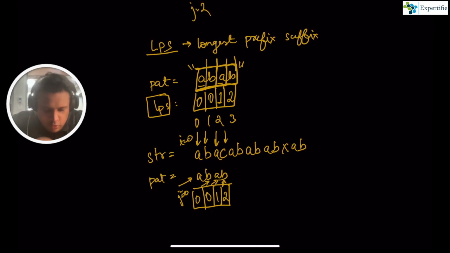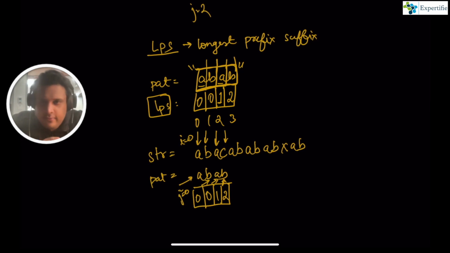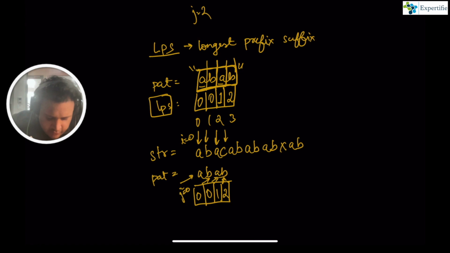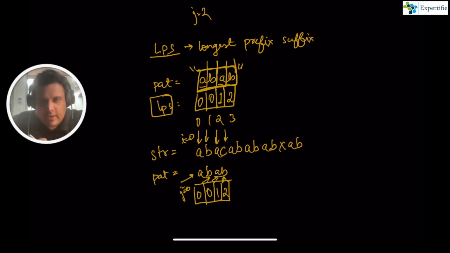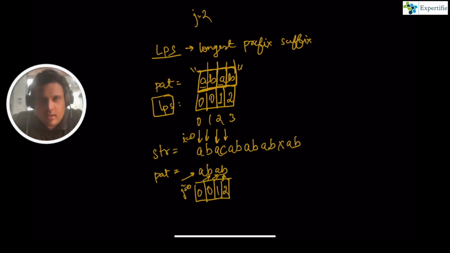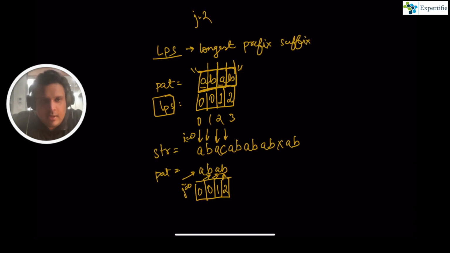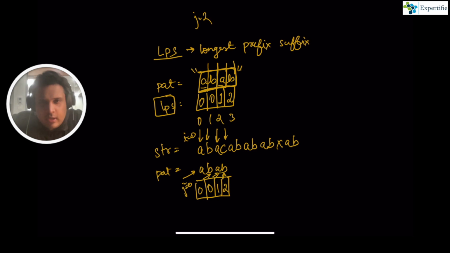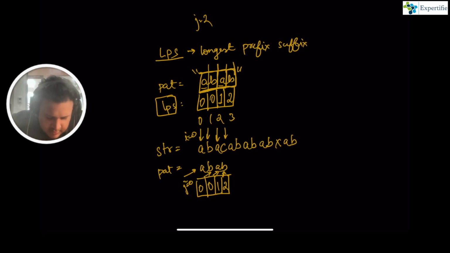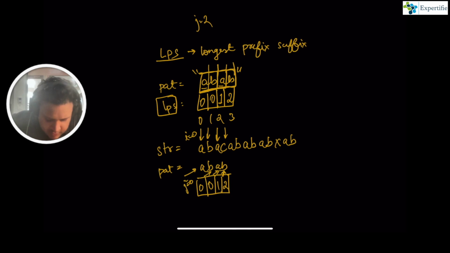So when C and B do not match, firstly I will never go back. I stays there. And we try to figure out, C and B don't match, where can my J go such that we do not miss any future matches, and we want to bring J to the correct position. So the algorithm says that in the LPS array, go one position back.